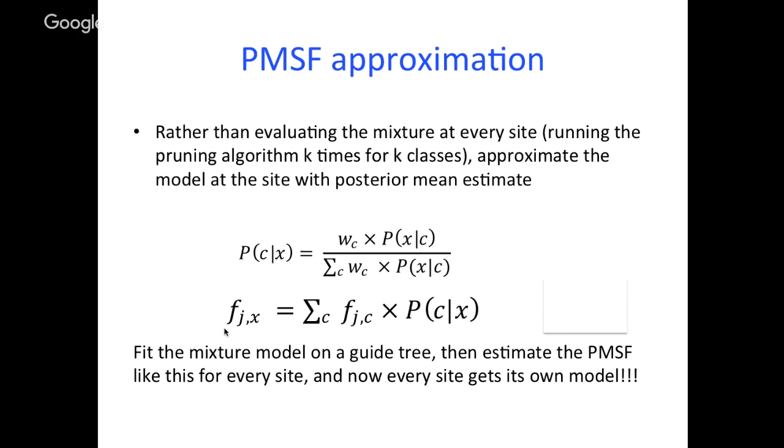And from those, ideally we use the richer mixture model, but then we have to fit the mixture model on a guide tree to begin with, which has all the RAM costs of the original mixture model.